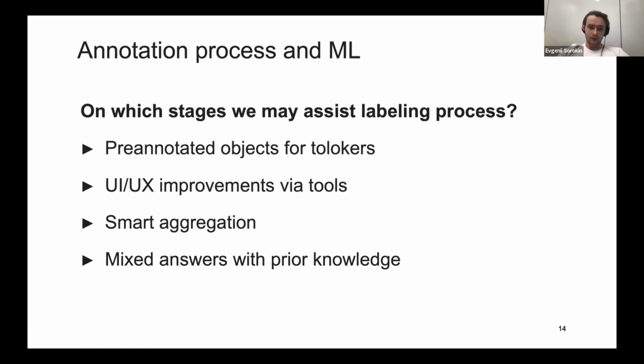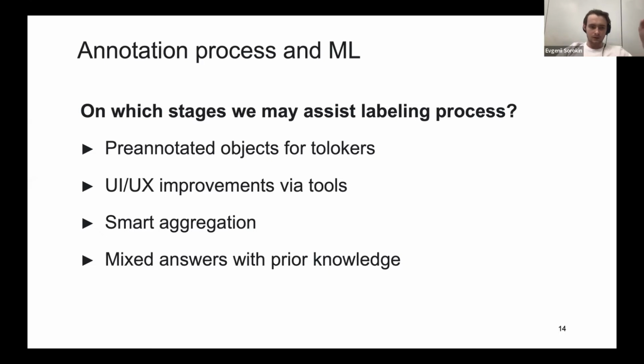Okay, next. On which stages on the platform can we help with annotation? We can prepare data somehow before it appears in front of Tolokers. We can improve user experience, interaction, somehow modify aggregation with smart keyword, and utilize prior knowledge about the tasks.